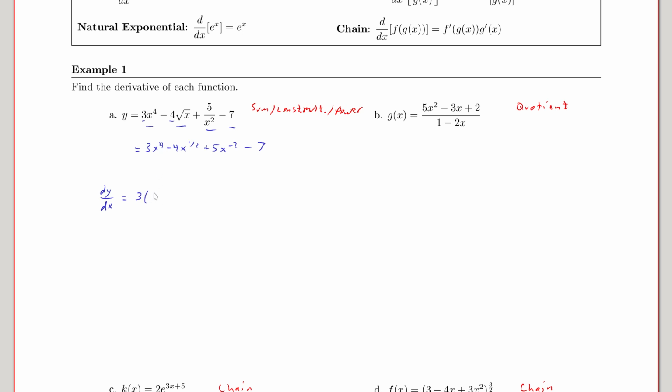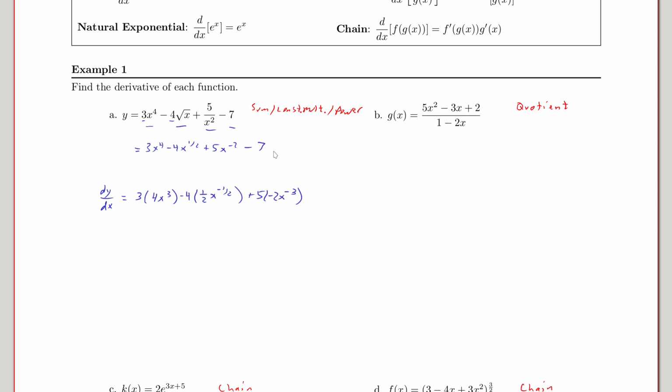And remember, the exponent comes down, and we subtract 1 from it. And then we'd have 4 times 1/2 x to the 1/2 minus 1 would be negative 1/2, plus 5 times negative 2x to the negative 2 minus 1, or negative 2x to the negative 3.